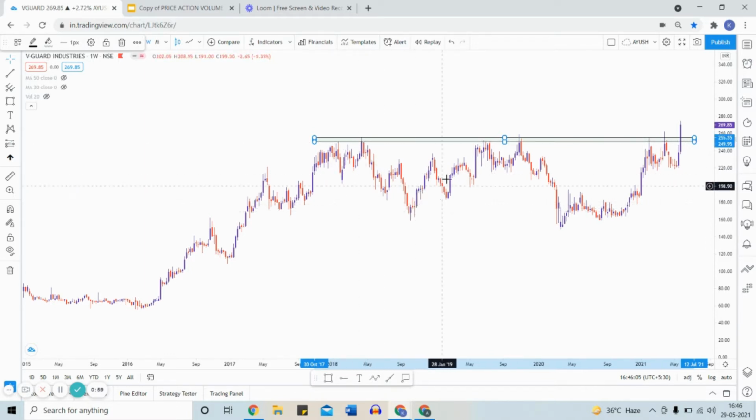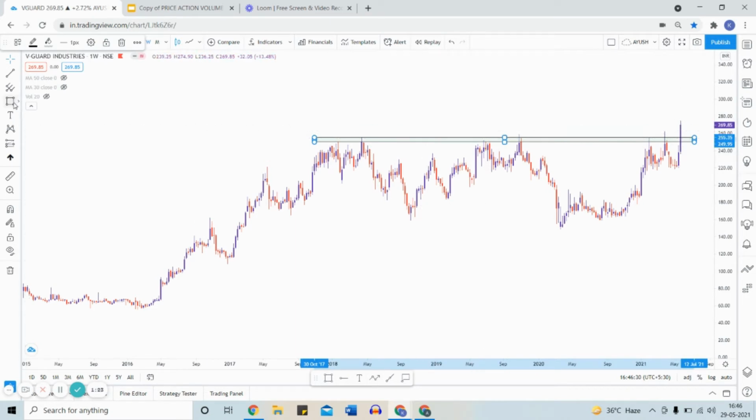Again, after the surge, the stock came to the same level and got rejected here. Again it came, and from here it started a downturn. But post the COVID fall, as all the stocks were in a good surge, the stock made higher highs and higher lows, and there was a good consolidation before the breakout, and finally the breakout came in.